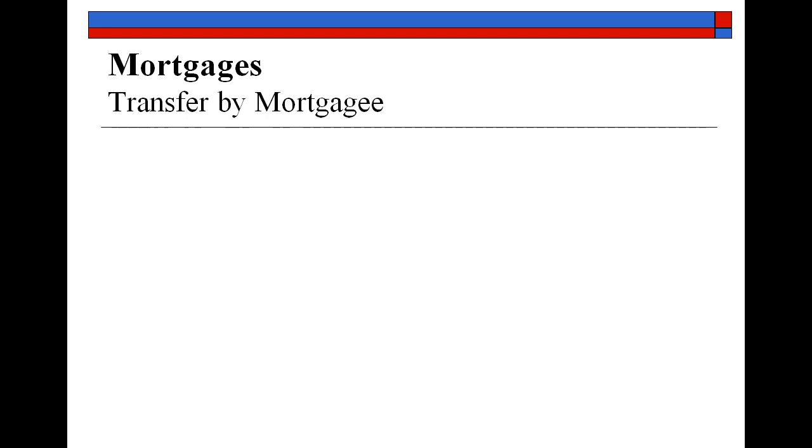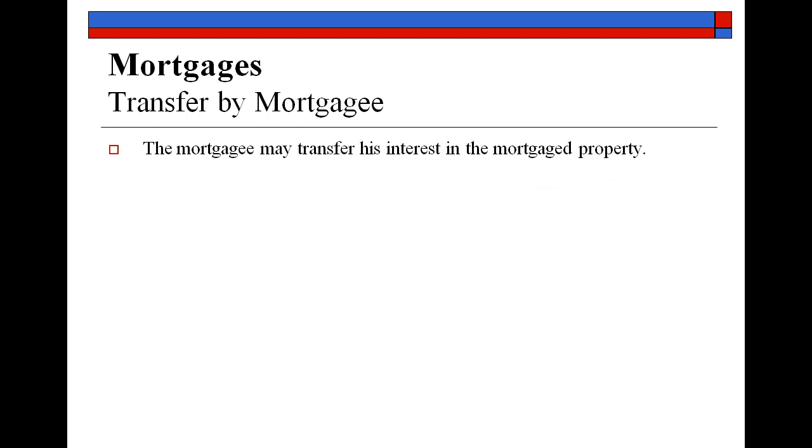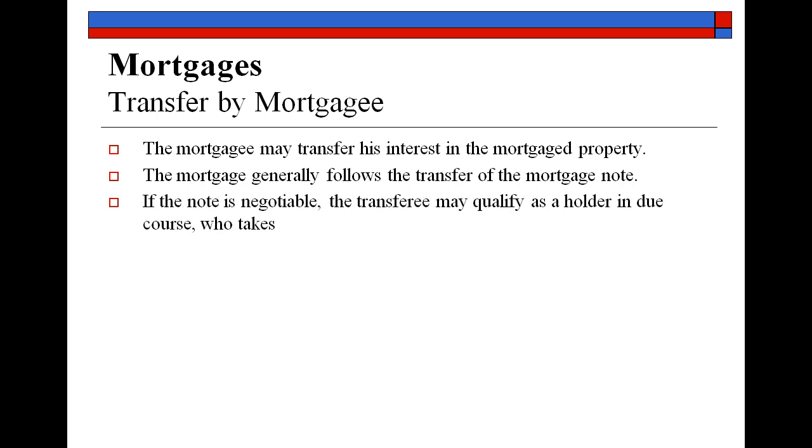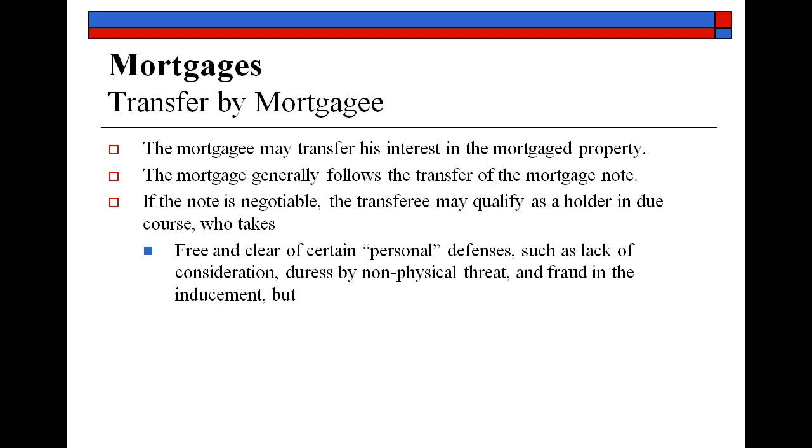Let's now consider transfers by the mortgagee. The mortgagee may decide to transfer its interest in the mortgaged property. Generally, the mortgage follows transfer of the mortgage note. If the note is negotiable, the transferee may qualify as a holder in due course, and as a holder in due course, the transferee can take free and clear of certain personal defenses, such as lack of consideration, duress by non-physical threat, and fraud in the inducement.